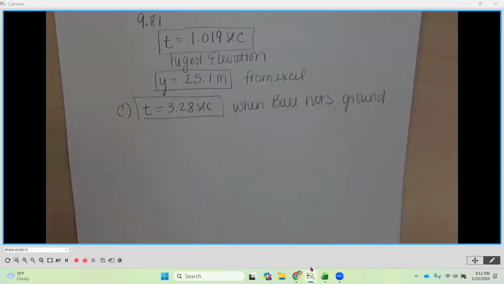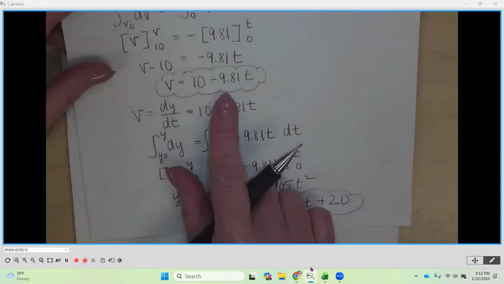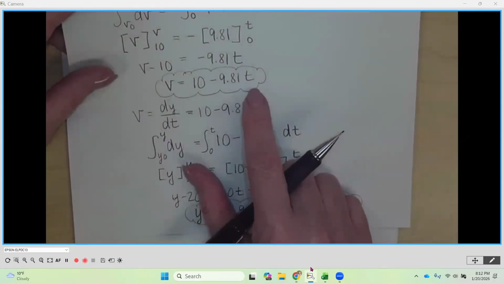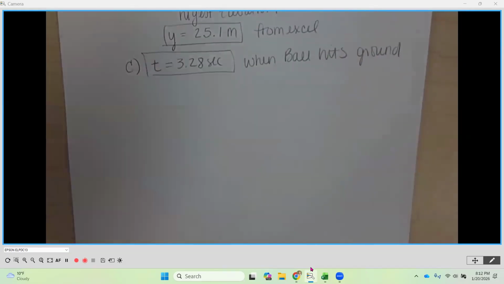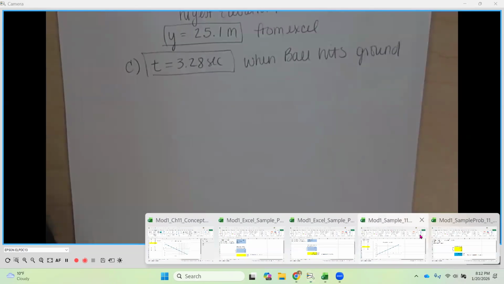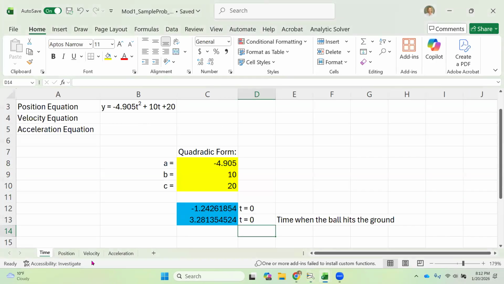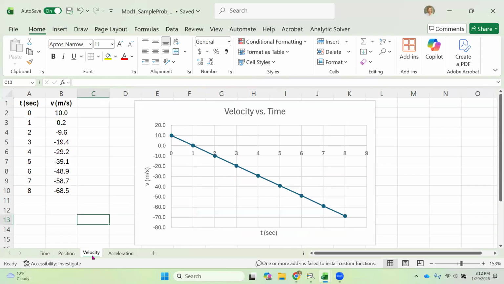Okay. So here again, we could turn this over. We could use our velocity equation, put that time in here, manually calculate it, right? Or I'm going to use Excel because I've got it programmed already. So I'm going to go back over to my Excel spreadsheet. I'm going to go to my velocity tab. And right down here, I'm going to put that time of 3.28 in my time column.